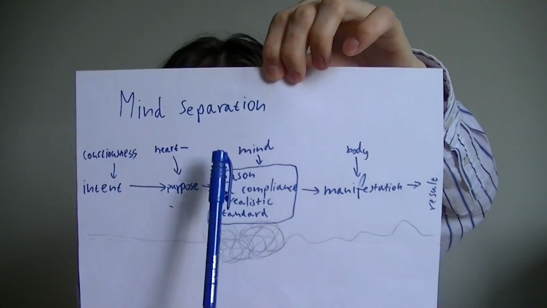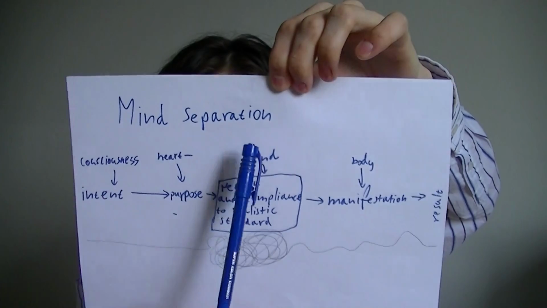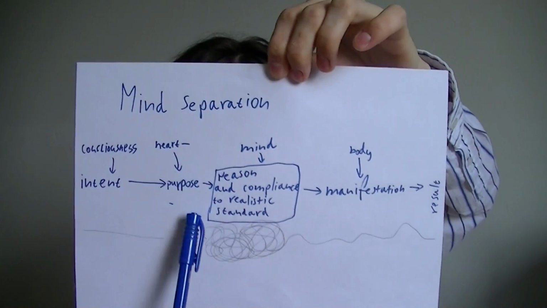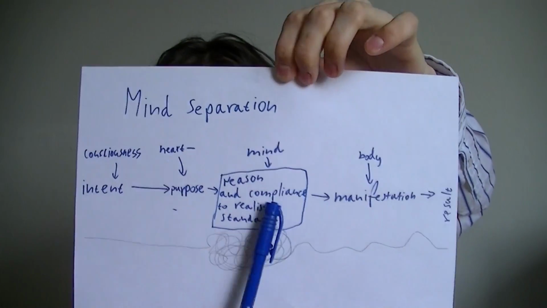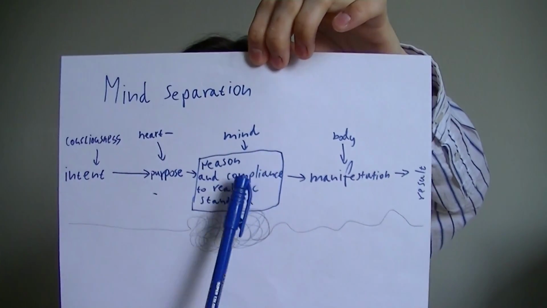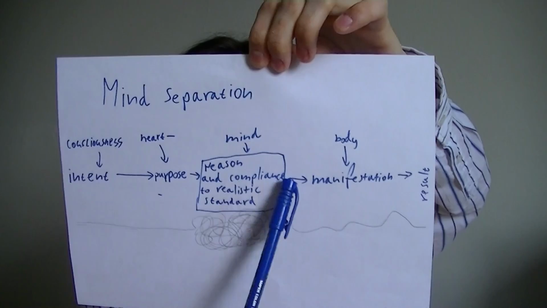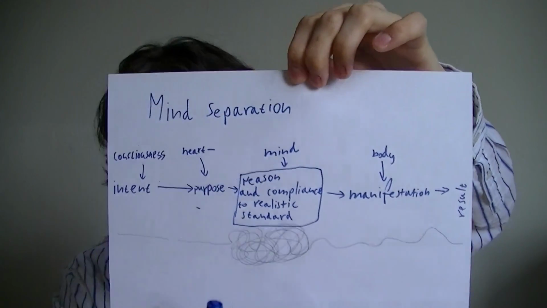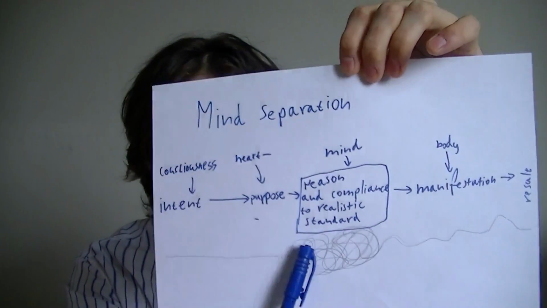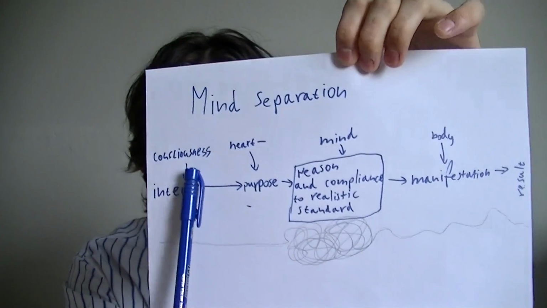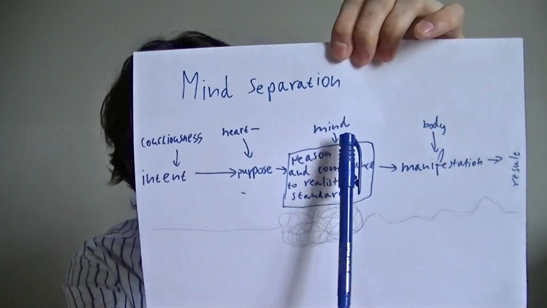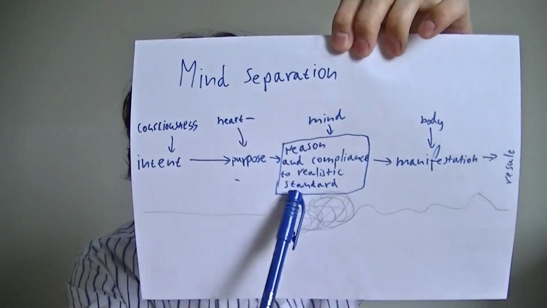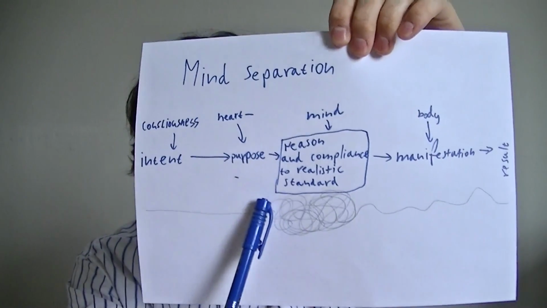People separate their mind from the heart, and the mind alone, not knowing what to do, adds another step: reason and compliance to realistic standards, which basically means that any attempt to create something new that was not already experienced by the mind will be invalidated.